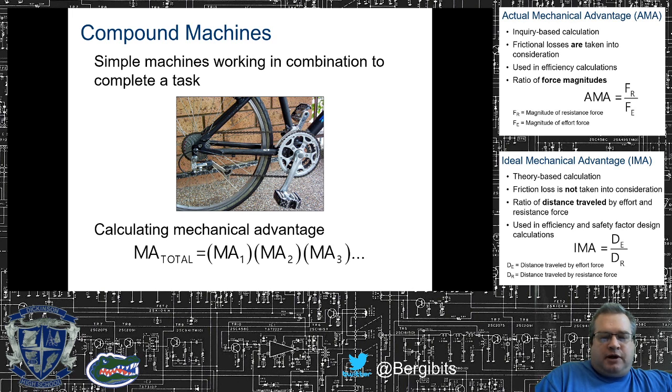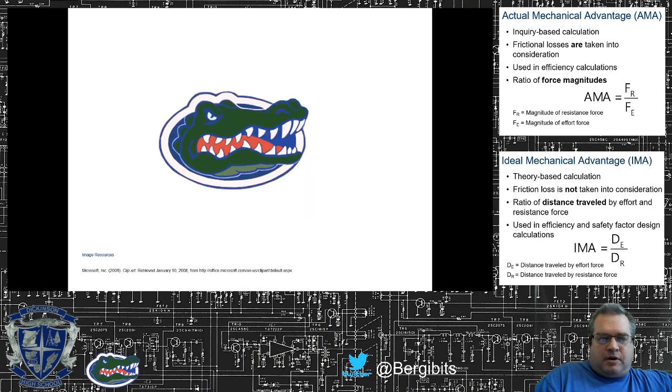You've got levers, sprockets and chains, wheels, and all kinds of things working together. So you calculate the mechanical advantage of each component of a bike and multiply those out, and that gives you your MA total. All right, so that is inclined planes, screws, and wedges.